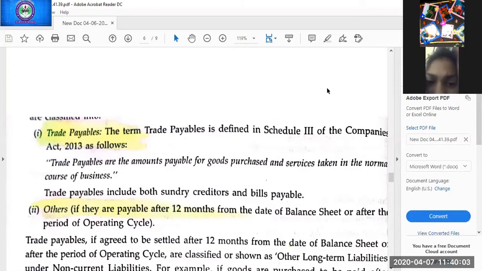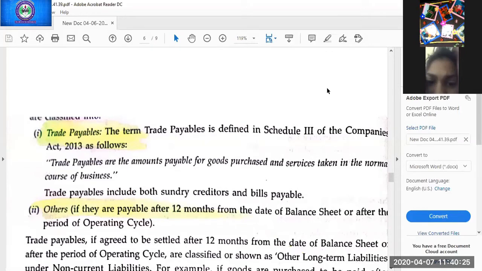Third subhead, other long-term liabilities, means those liabilities which are not part of the long-term borrowings are shown as other long-term liabilities. In this, trade payables means trade creditors and bills payable.